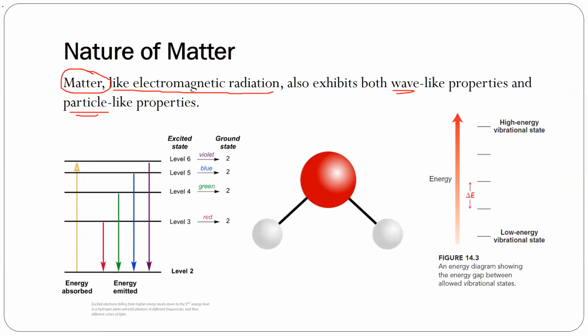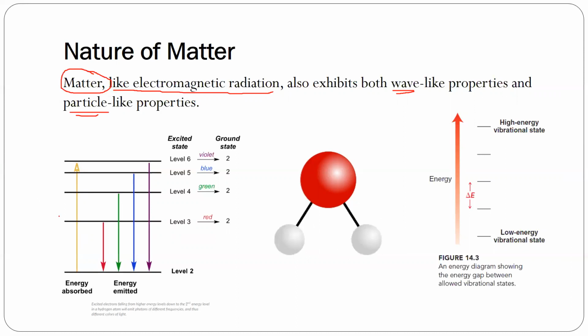Sa microscopic level or sa particle level, mayroong mga pinagbabawal na transition. So di ba, nasabi ko na kanina may mga energy transition na possible. Because of radiation, pwedeng mag-transition yung electron from one state to another state.